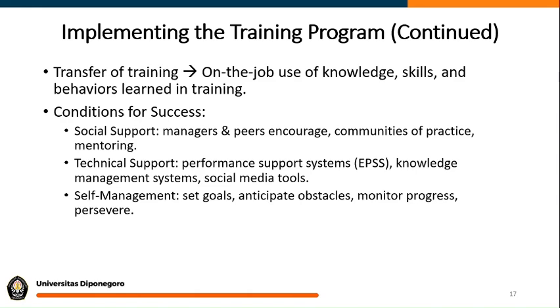So another factor that can influence the success of implementation of training program is technical support. It can be conducted through performance support systems. So, for example, using this system, you can identify how the performance is before the employee joins the training and after the employee joins the training program, something like that.